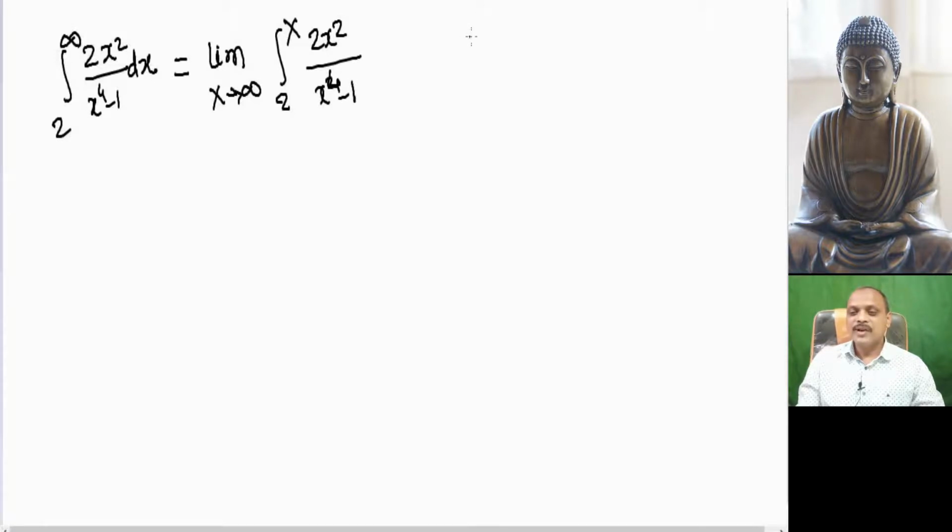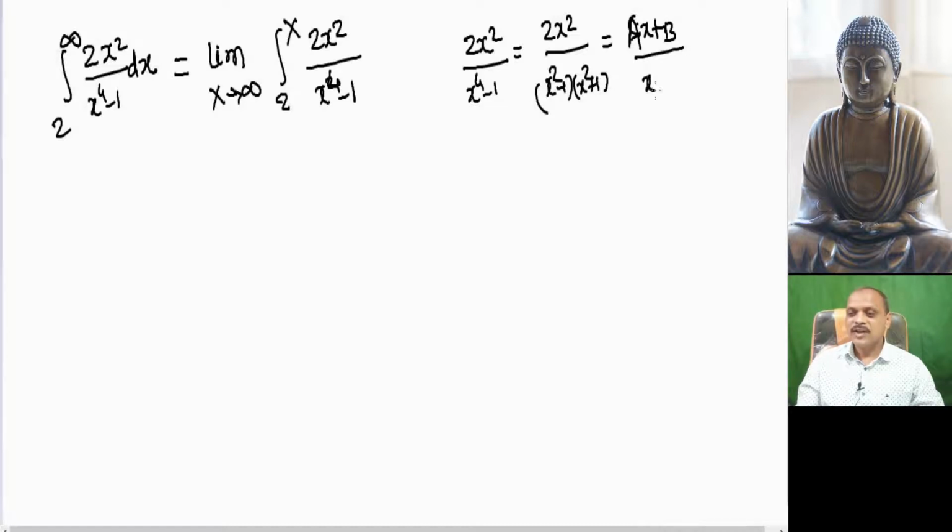2x square divided by x raised to 4 minus 1 will be 2x square divided by x square minus 1 and x square plus 1. In terms of partial fractions, this is ax plus b divided by x square minus 1 plus cx plus d divided by x square plus 1.